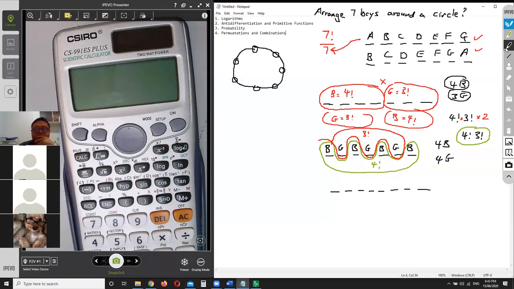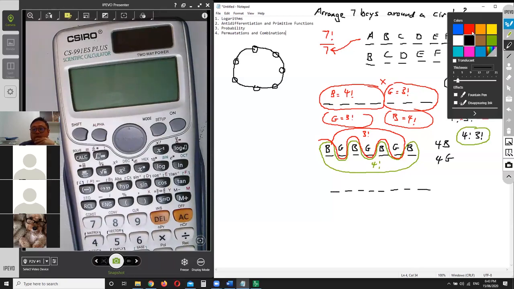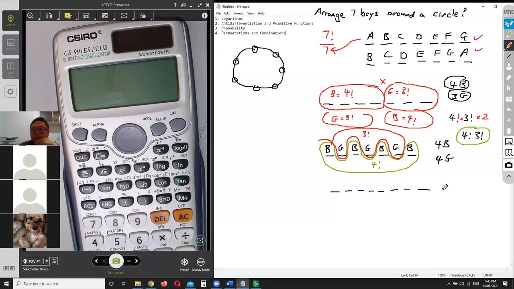So wouldn't it just be 4 factorial times 4 factorial times 2? Or would you have more combinations that you can do? What do people think? Yeah, I agree. 4 factorial times 4 factorial times 2.